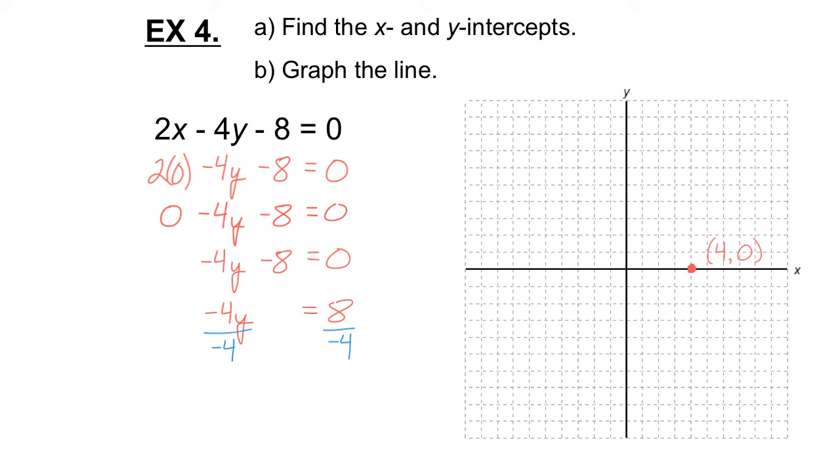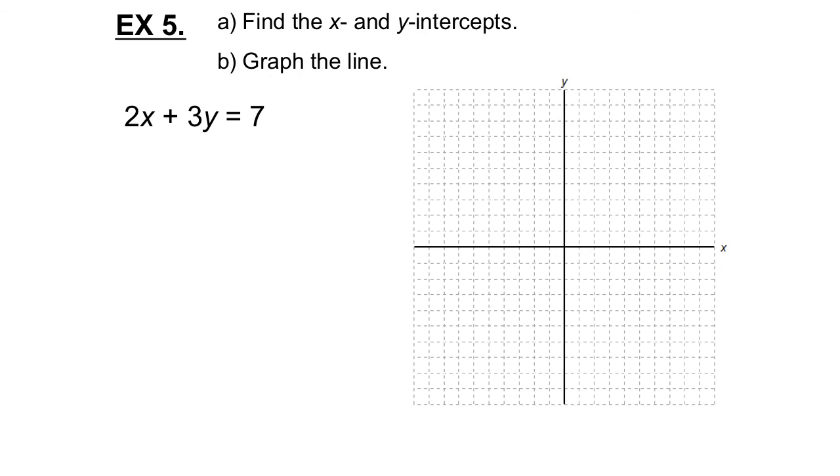Divide both sides by minus 4. y equals negative 2. So when x is 0, y is negative 2. And that is our y-intercept. And now to graph the line, all we have to do is draw a line through those 2 points. And make sure you put arrows on either side of the line, and then that's the graph.